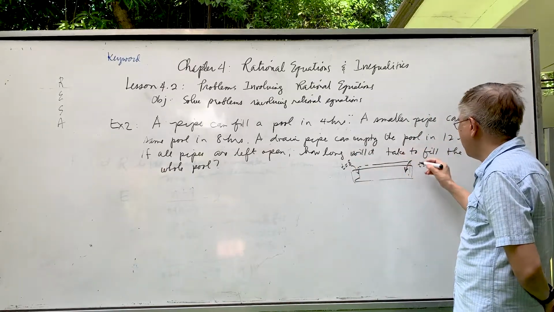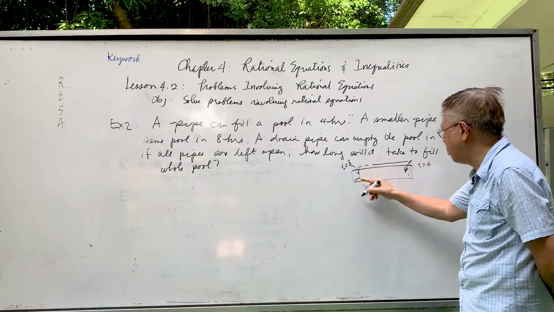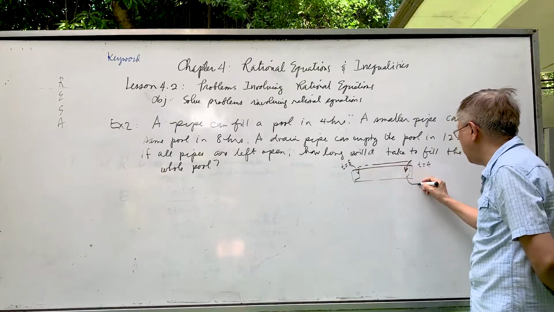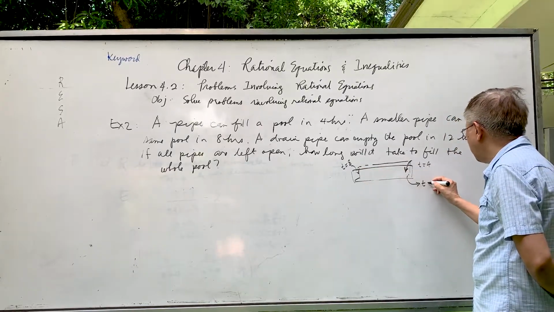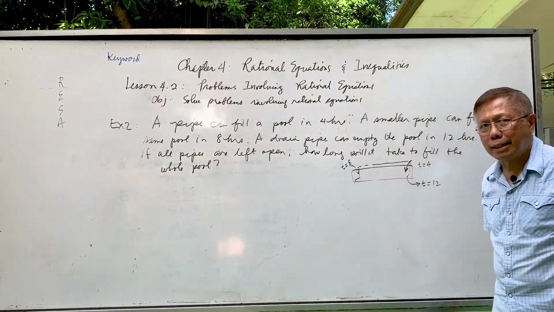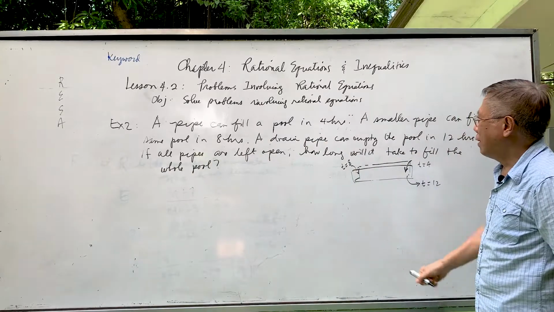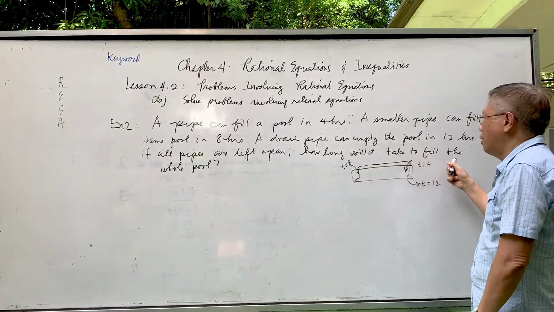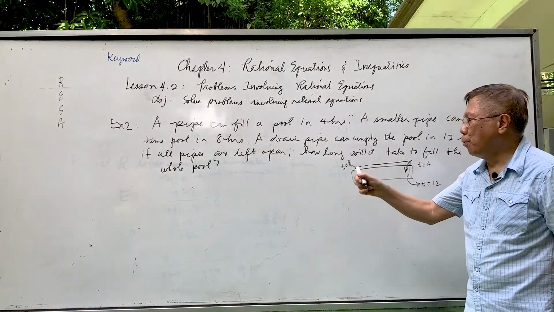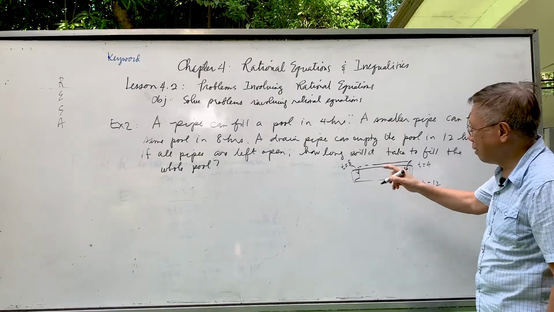Now, a drain pipe, if this swimming pool is full, this drain pipe takes 12 hours to empty it. Now, the situation here is all of these pipes are open. If they will be left open, how long will it take to fill the whole pool? Okay, so that's the situation.